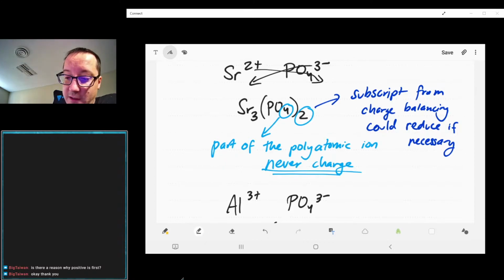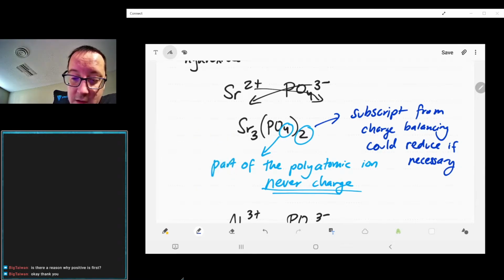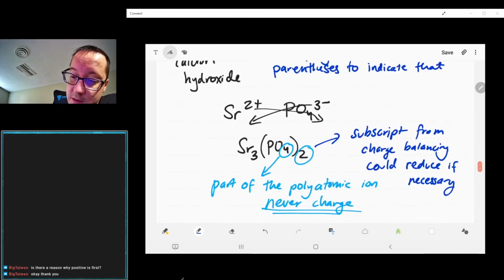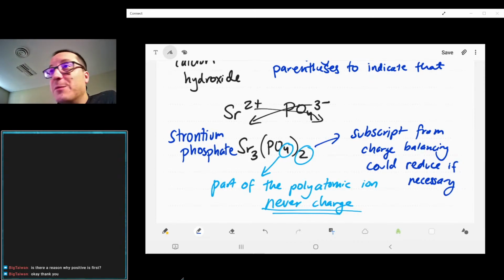If we were to name these, by the way, that's the strontium ion and the phosphate ion. So we would call this one strontium phosphate. As you can already see, if you have memorized the names, this will go much faster than if you have to go on the table and search for PO43- to find its name.